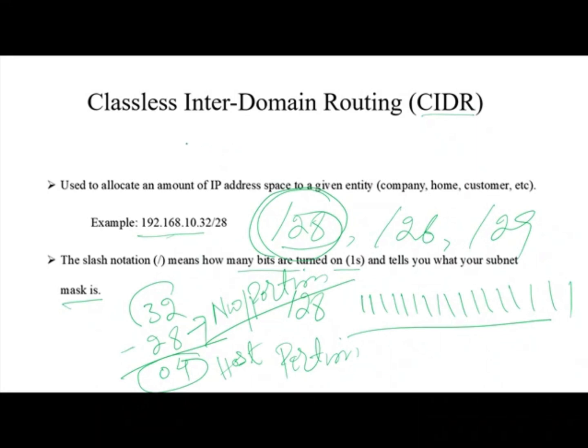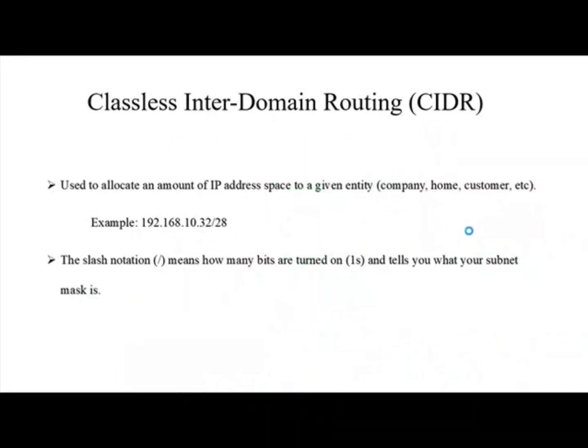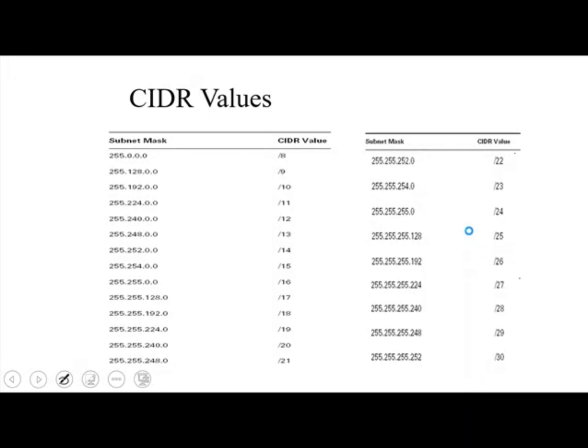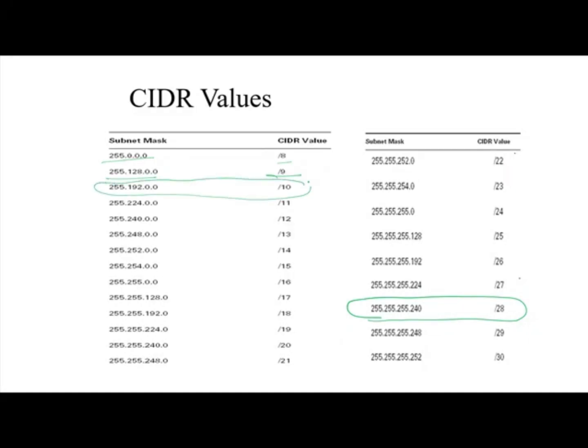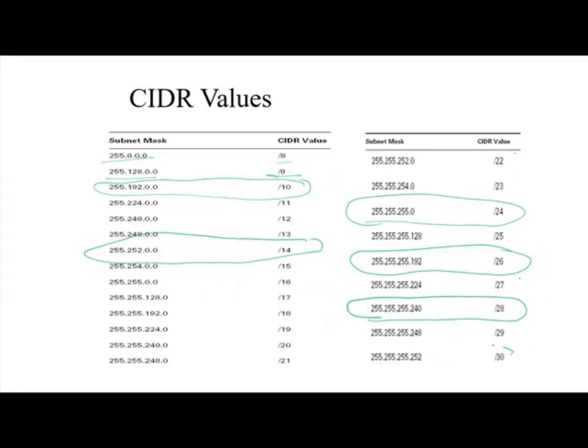So it is called classless inter-domain routing. And if you simply type 255.255.255, I think 240 will be the subnet mask. Yes, here you can see /28 corresponds to 240. For each CIDR value you have a corresponding subnet mask, like /26, /24, /30.